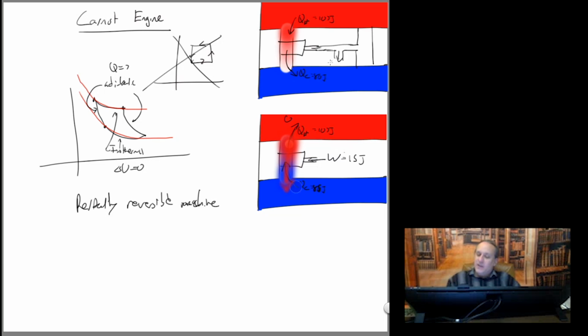We're going to take 5 joules out, 20 joules comes out of this more efficient machine, and we take 15 of those joules and run my refrigerator. The Carnot refrigerator, what it does is it flows heat that way.